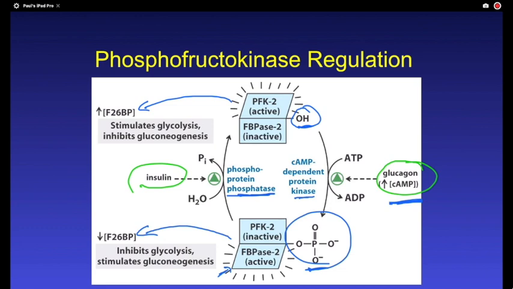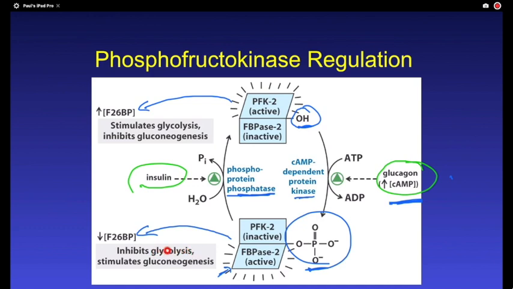If I have no sugar in my system, I don't have a lot of energy to break down, I will phosphorylate this particular protein, make it work as the phosphatase, make the 2,6 go down in concentration.